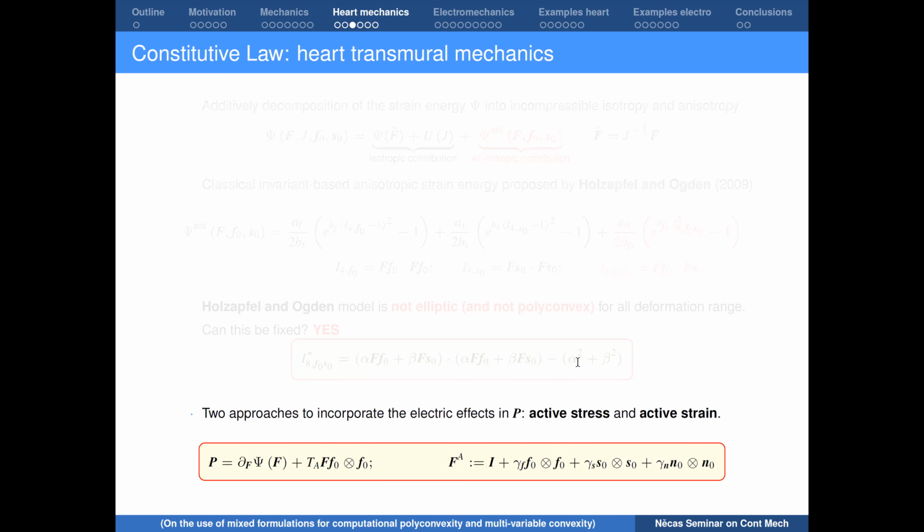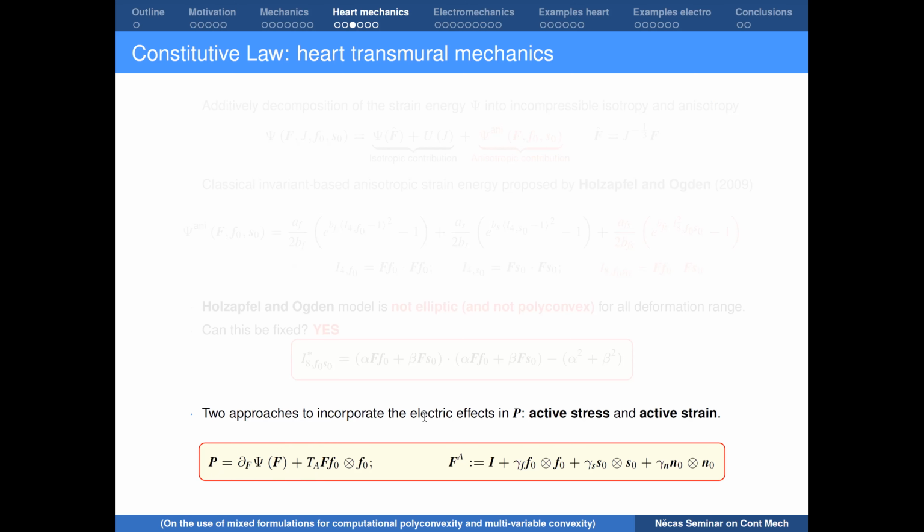In the active stress approach, Piola is obtained based on the classical energy coming from a hyperelastic model, plus a term depending on a scalar, in this case TA, for the case of a single fiber, which is driven by the ionic model that I presented at the very beginning of the presentation. So by changing TA, the stresses change. By changing F, the stresses change.